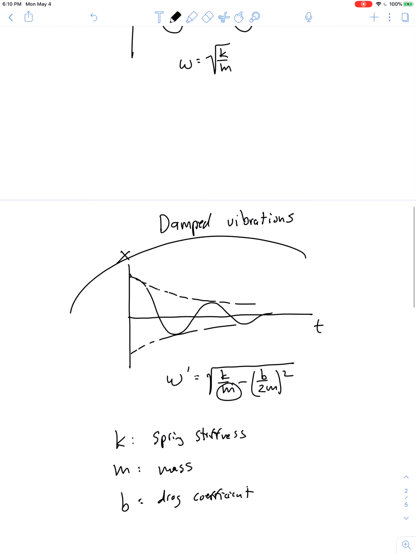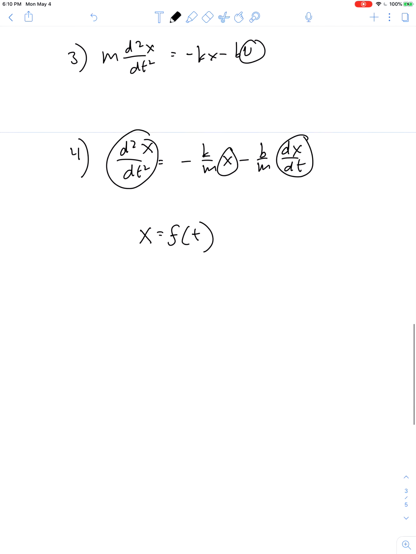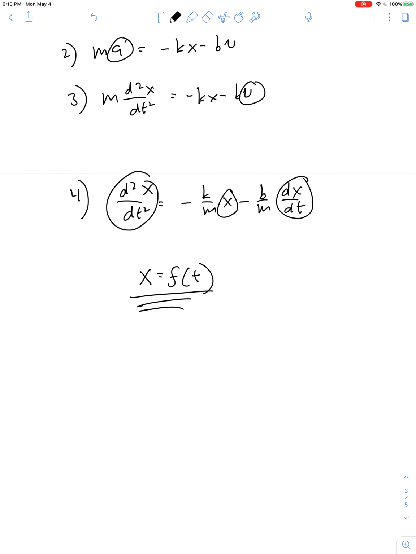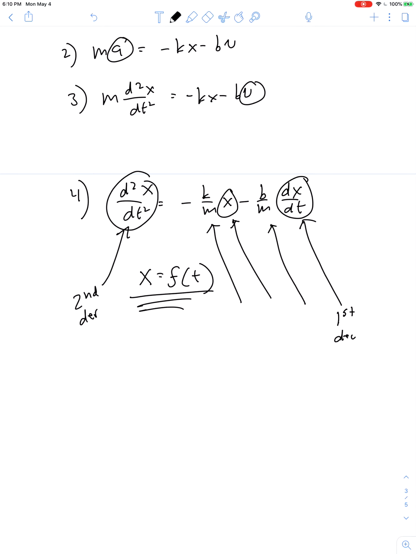The position is still some sort of function of time, but whatever that function is, when I take the second derivative of that function, it doesn't just give me back a negative constant times the original function, it also gives me a constant times the first derivative of that function. Second derivative, first derivative, constant, constant, and the function itself.